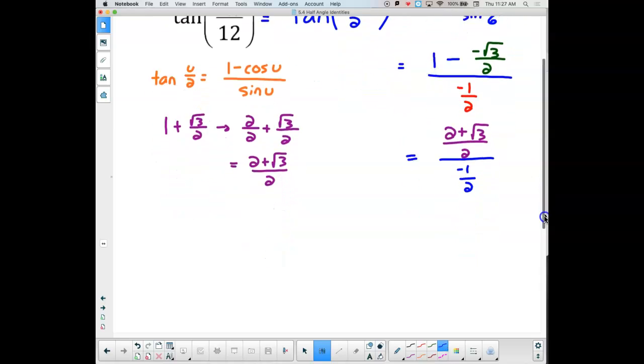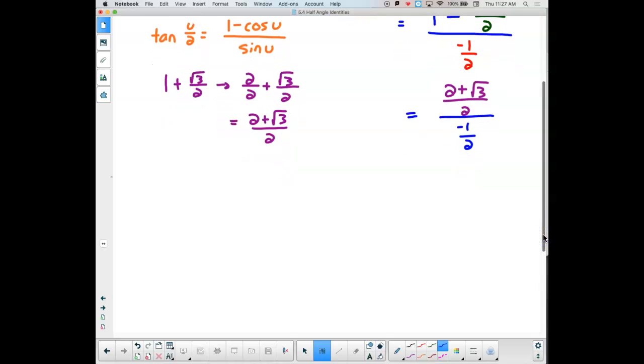Still being divided by negative 1/2. Dividing by a fraction flips and multiplies. So 2 plus the square root of 3 over 2 times 2 over negative 1.